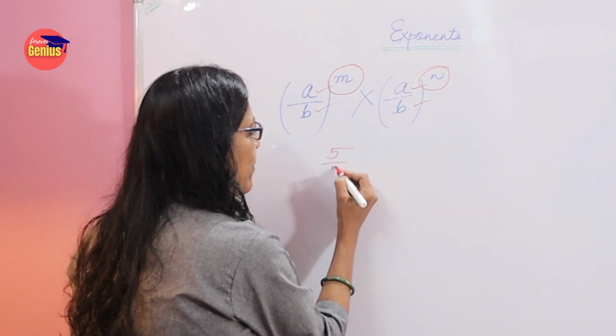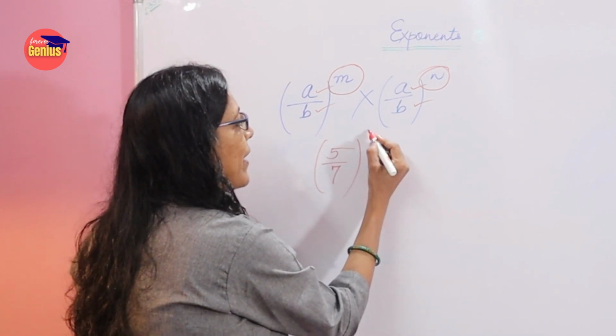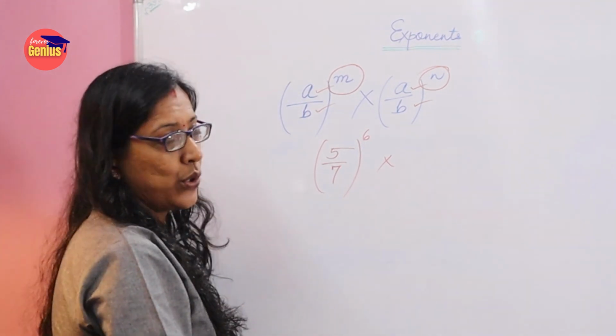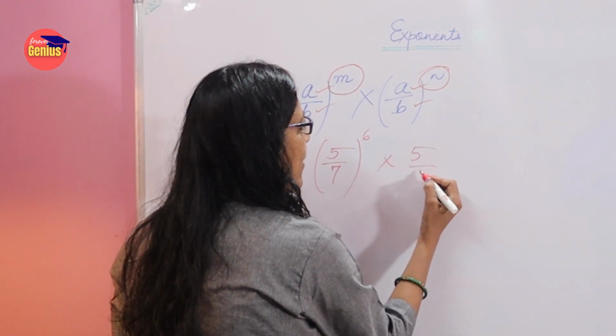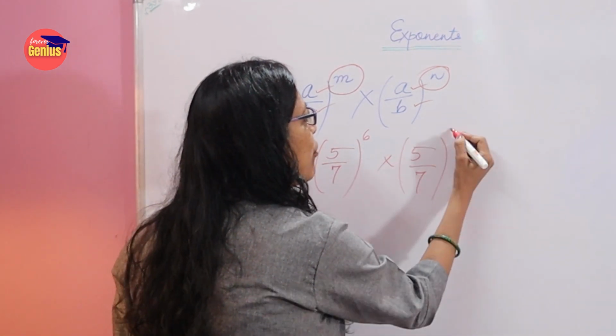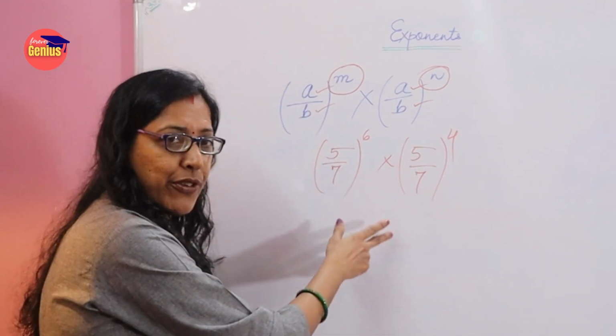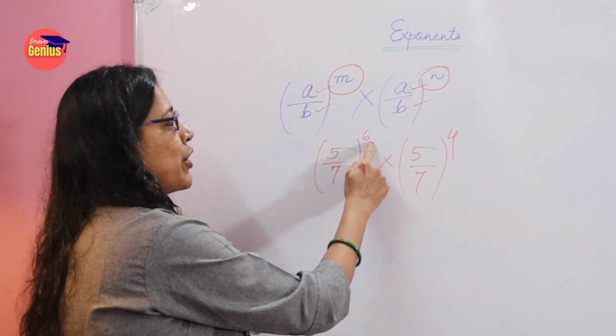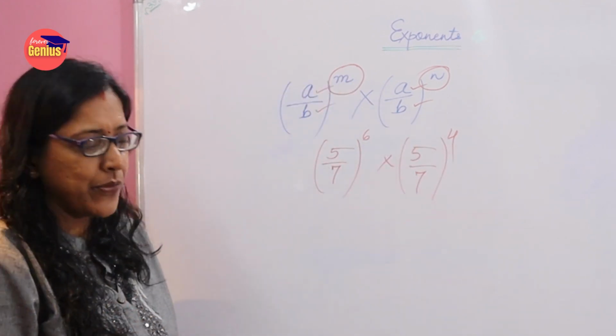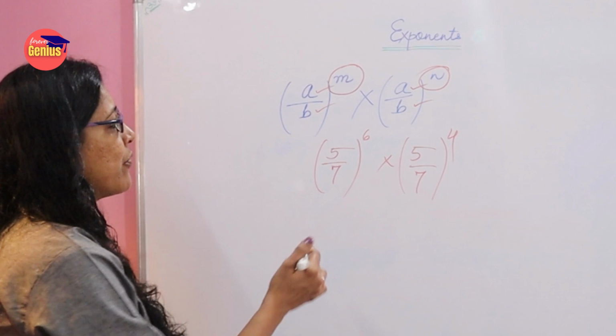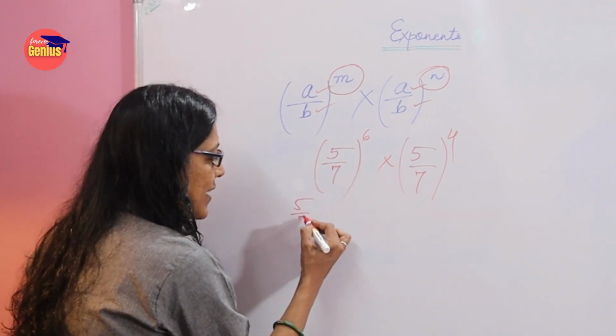Suppose it is (5/7)^6 into (5/7)^4. So this denotes that the fraction is the same, but the power notation is different. So what are we supposed to do? We will multiply this 6 times.